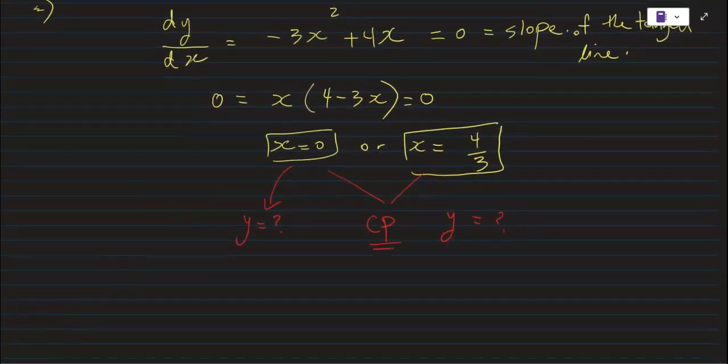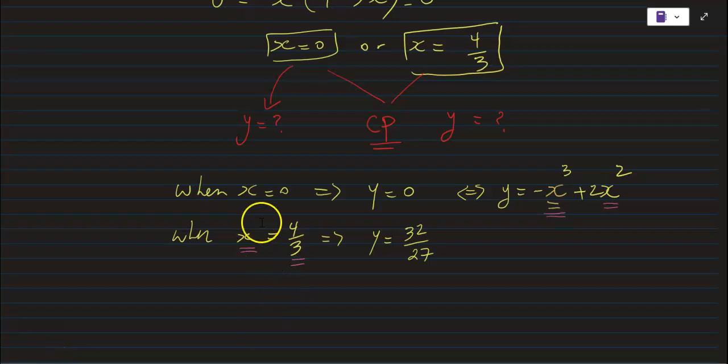Let's do that. I substituted x equals 0 into the original function, and we get y equal to 0.